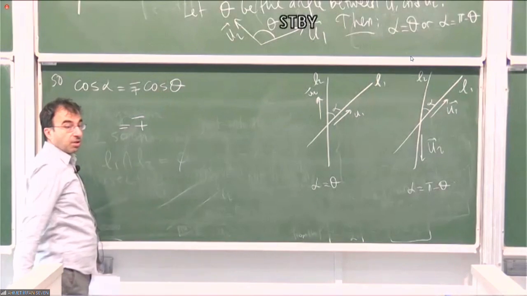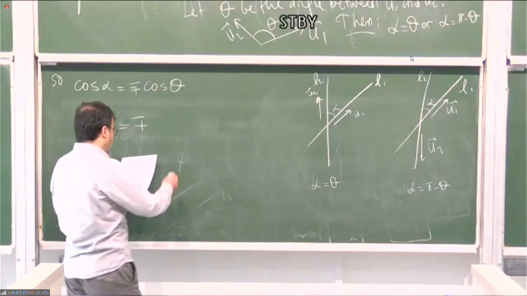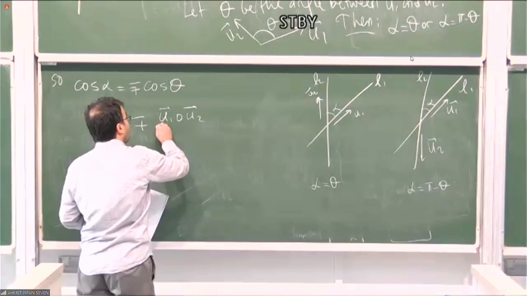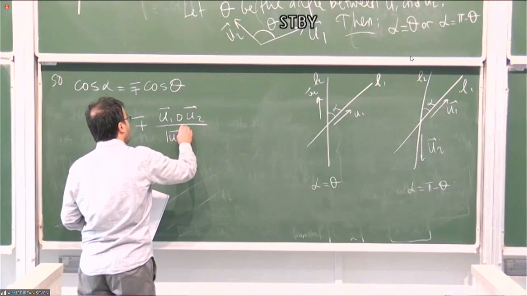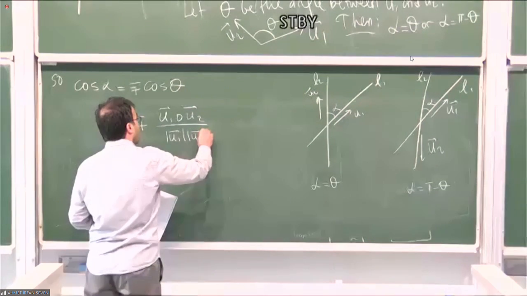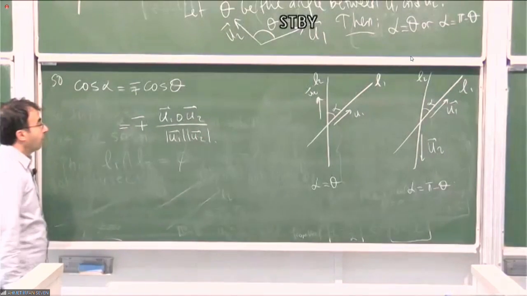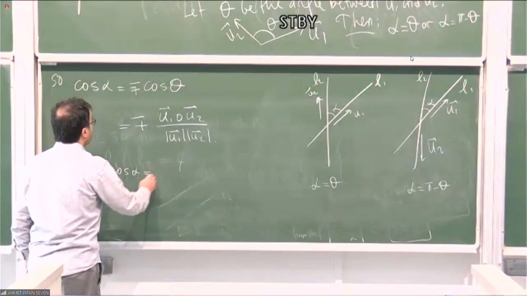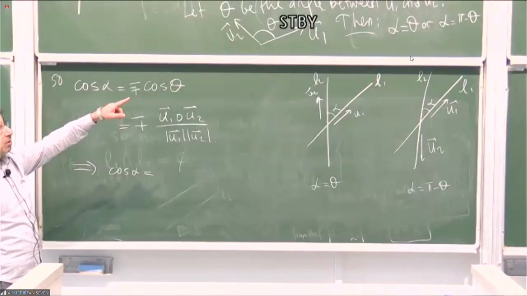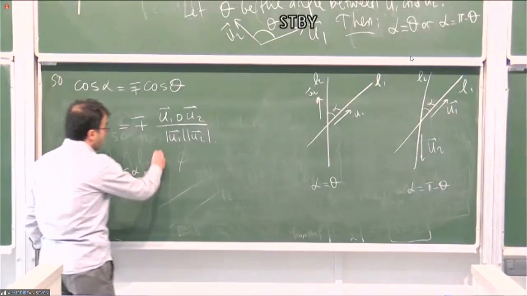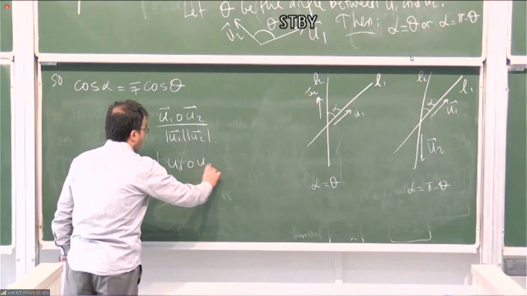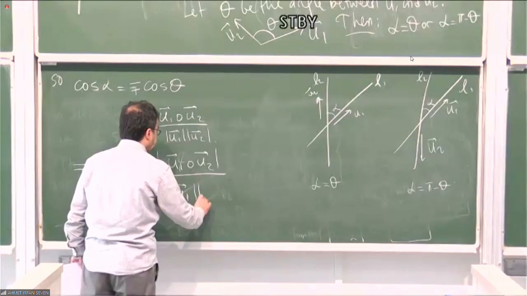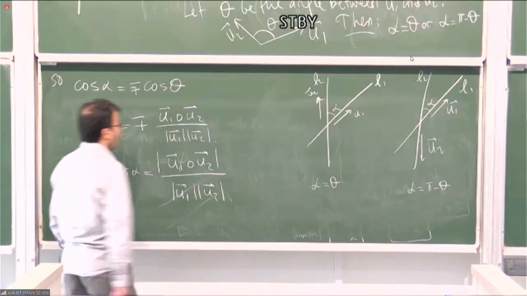So cosine theta is, as you know, u1 dot u2 divided by length u1 times length u2. Since alpha is an angle between 0 and pi over 2, its cosine will be positive, and it will be equal to the absolute value of this ratio.